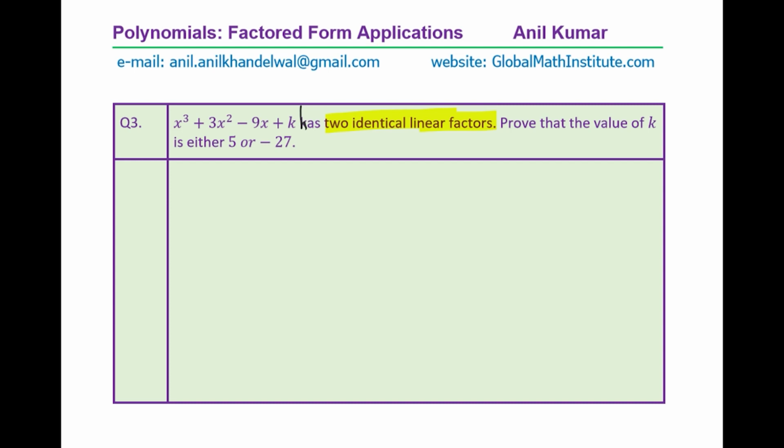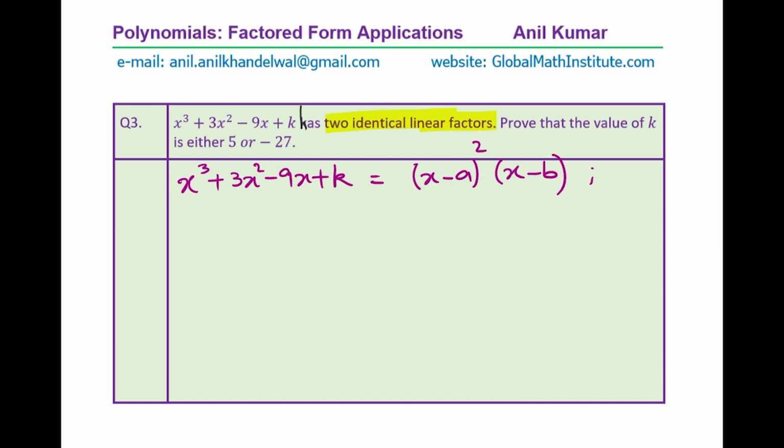Okay, so what I understand is that the function x cube plus 3x square minus 9x plus k should be equal to, when we say two identical linear factors, let's say x minus a whole square times x minus b, right? So that means at a we have two roots, two zeros. Since it is cubic, we expect three zeros.